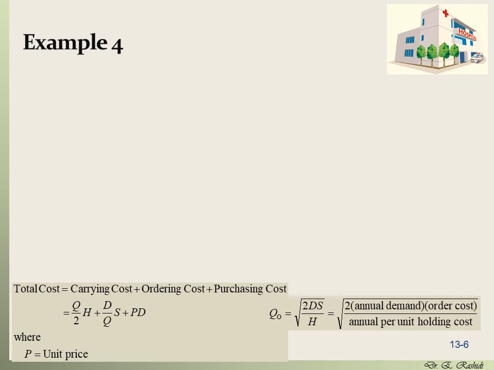Let's solve this example. So the annual demand for this hospital is 816 cases. The holding cost per case per year is $4. And the ordering cost per order is $12.